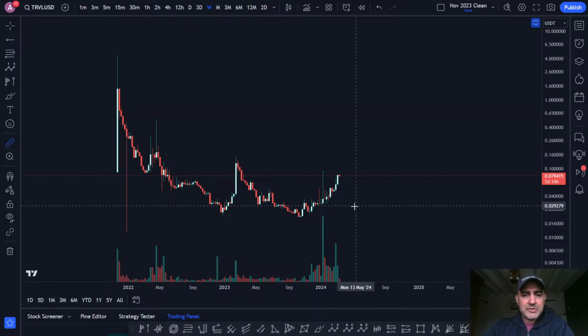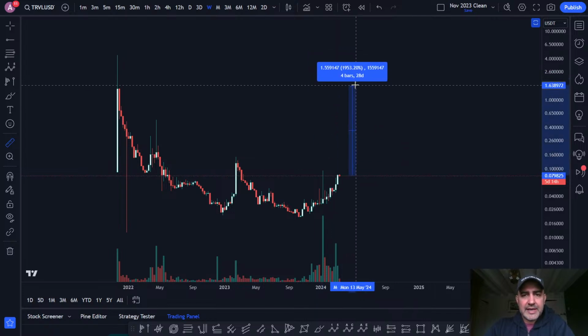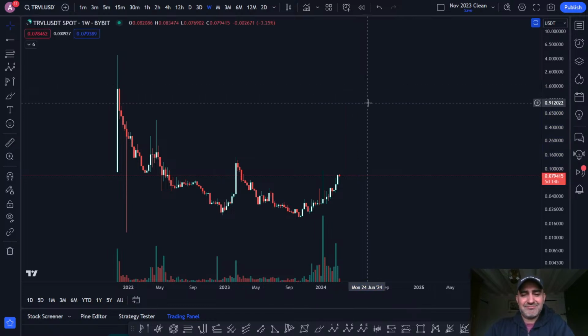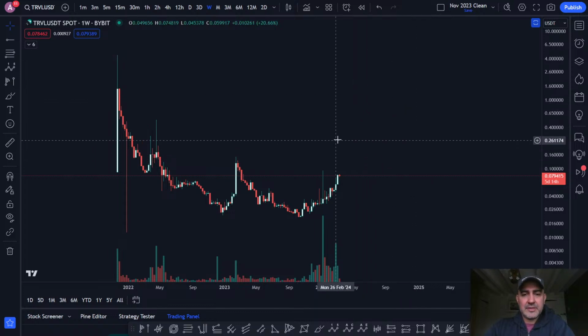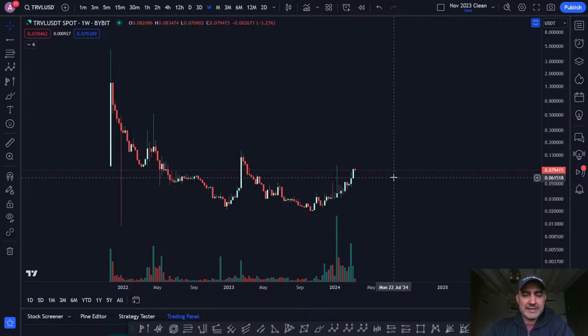If we get from the current price back up to the all-time high, it's like a 20x. So every dollar that you sell, you're potentially losing $20 if we get back to the all-time high. You're losing those gains by selling now.